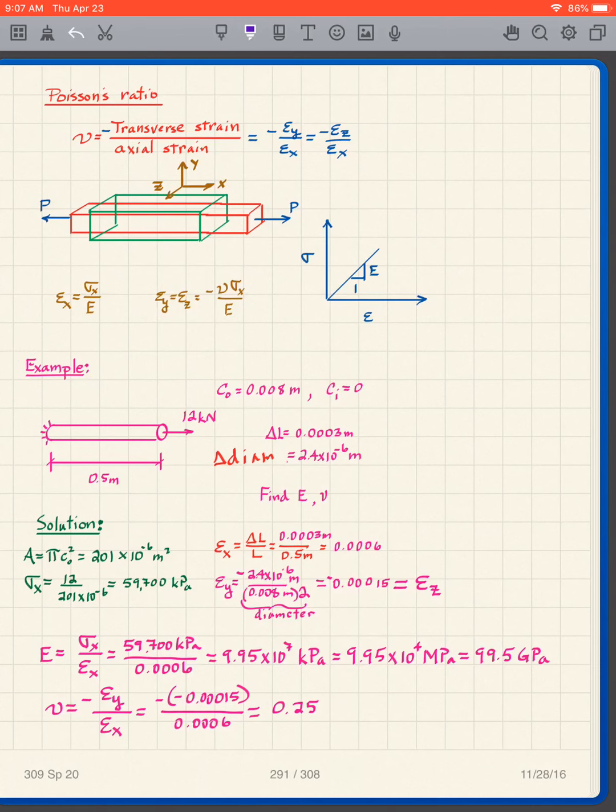So suppose we have a rod here and we're applying 12 kilonewtons. This is the length. We have an outer radius. It's solid, so the inner radius is 0.